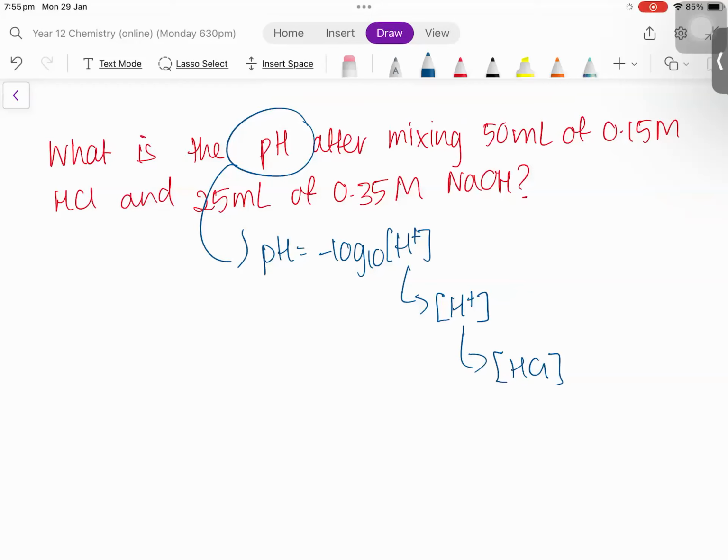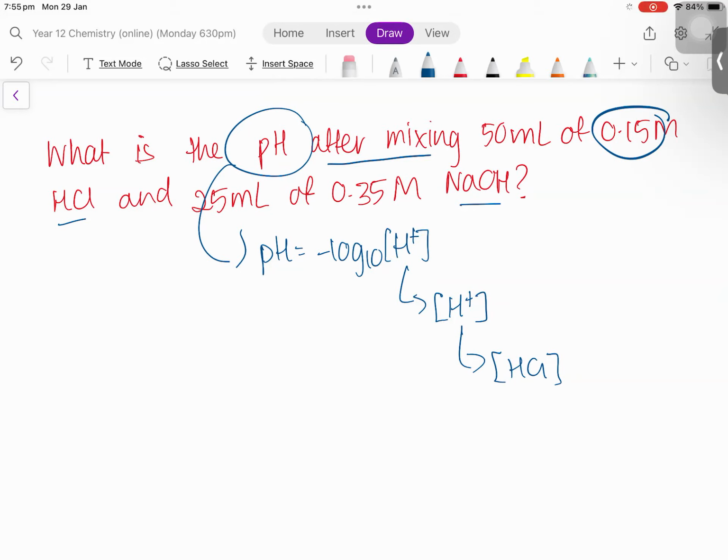The only issue is though, the question doesn't ask you for the pH of the acid. The question asks you for the pH after mixing the acid with the base. So the issue is this, yeah? The pH, the concentration of the protons comes from the concentration of the acid or the base.